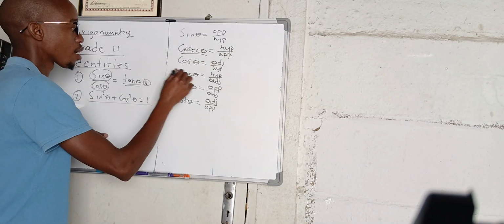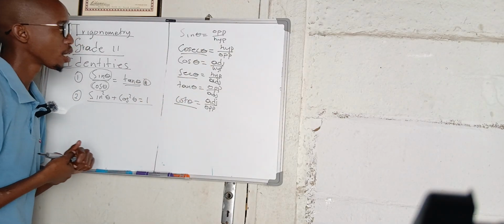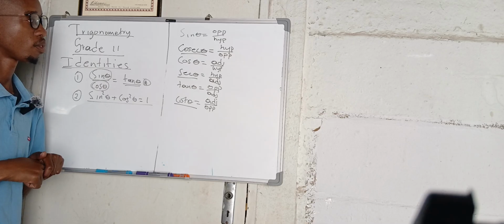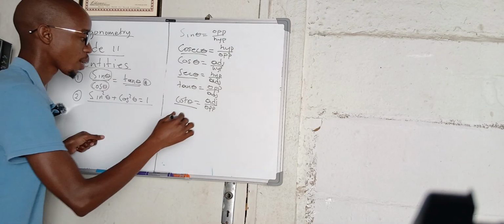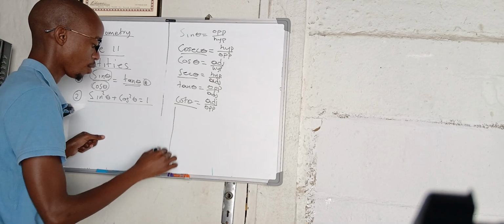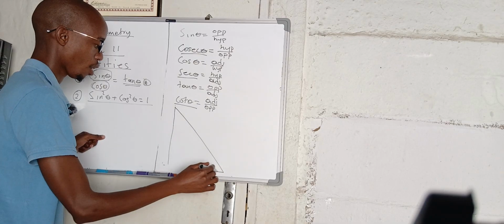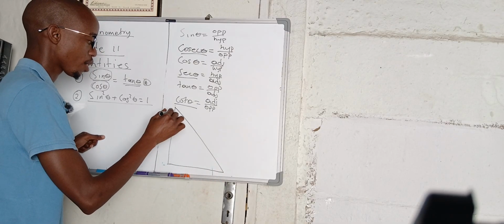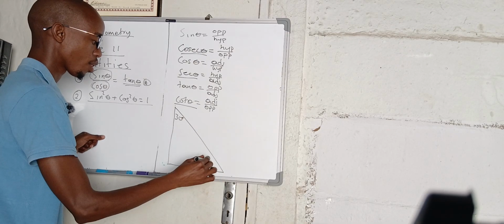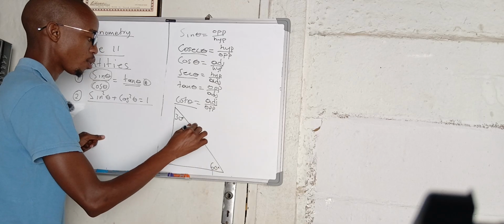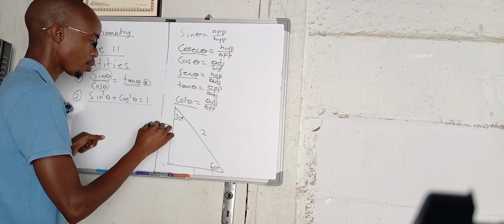So these are the things that we need to be aware of. So when you're solving, maybe you're given a triangle like this, and maybe this is 60 degrees. Let me use exactly. And then we know this is 2, this is 1, this is root 3.